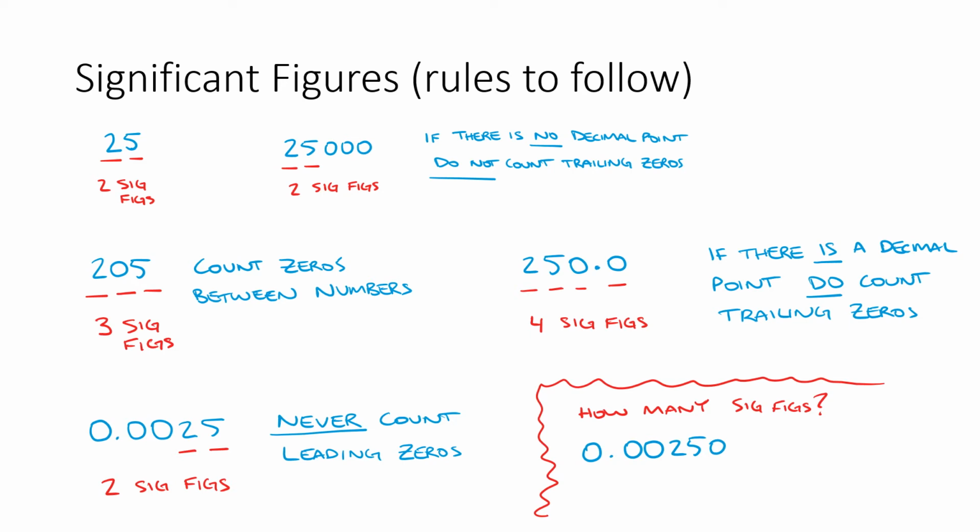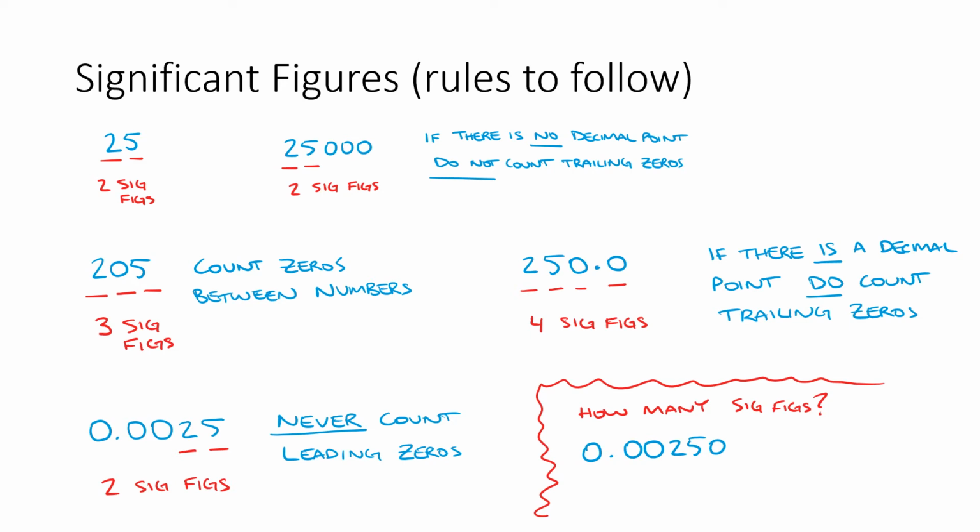Let's say it has a decimal point in it. 2, 5 point. Now how many significant figures? So this will be all trailing zeros.